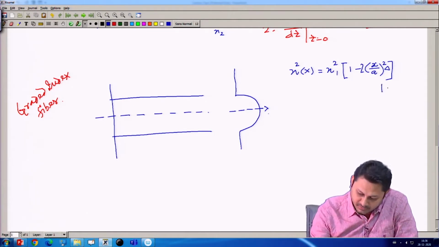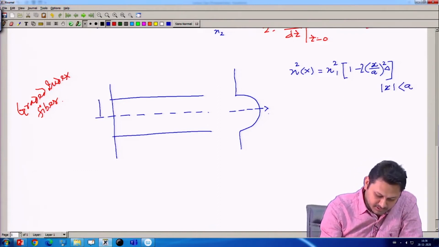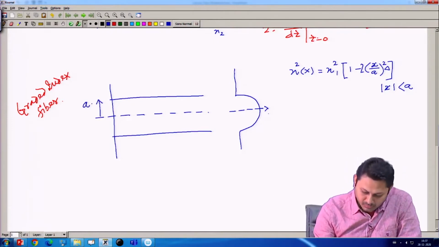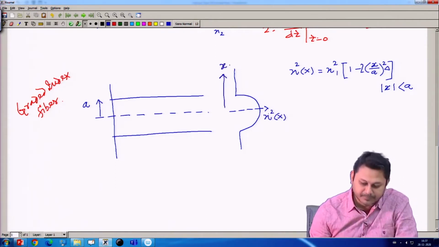This is for when x is less than a, and from here to here, this is a. So this is my n square x, the variation, and along this direction suppose we have x.